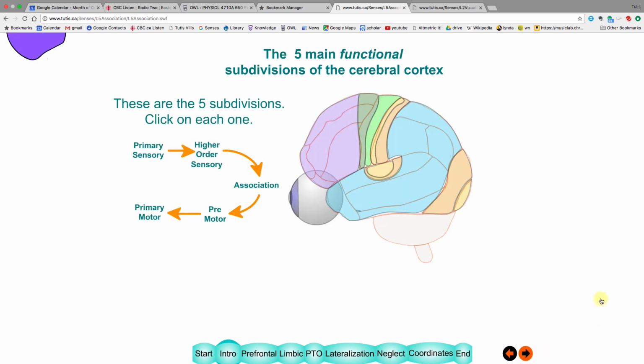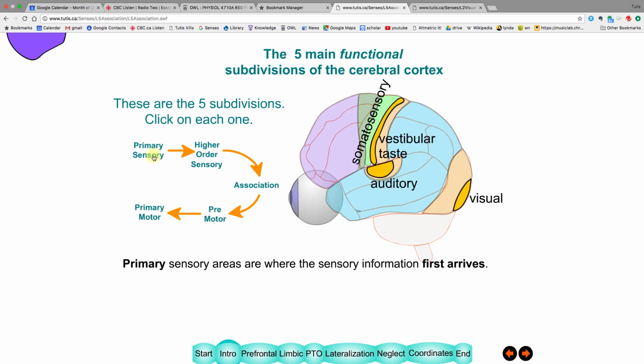Now, besides that, there are 5 functional subdivisions: the primary sensory, higher order, the association areas, which we'll largely cover today, and premotor and primary motor. So the primary sensory areas, V1 was one of them. We saw how, directly from the eye, you go through the thalamus and then go to V1.